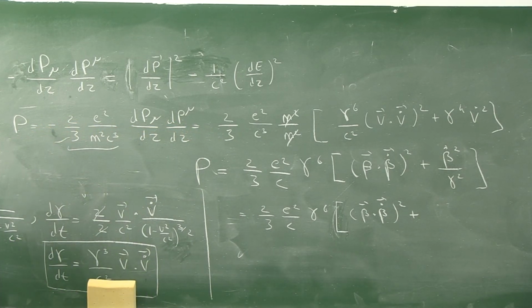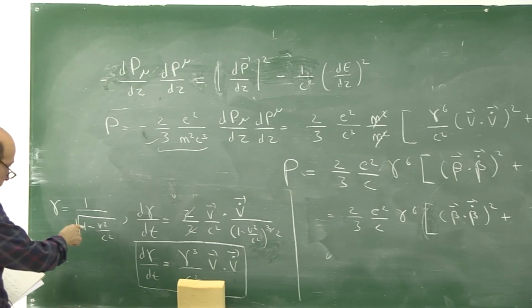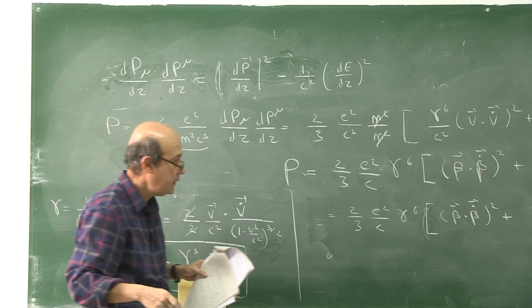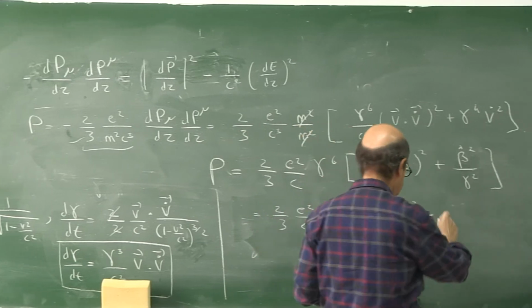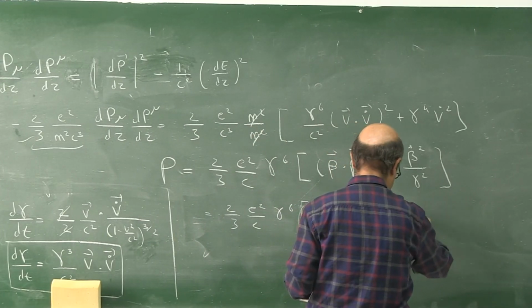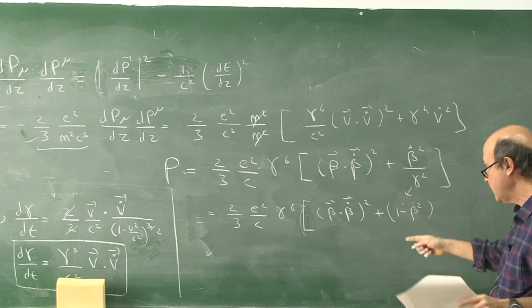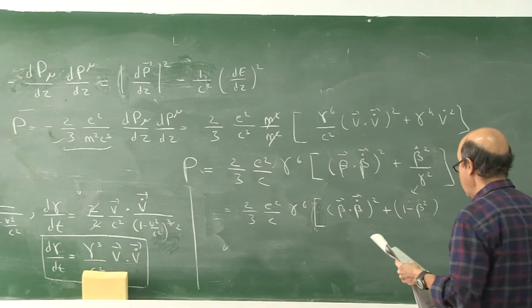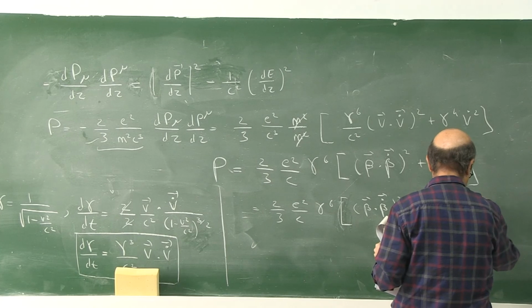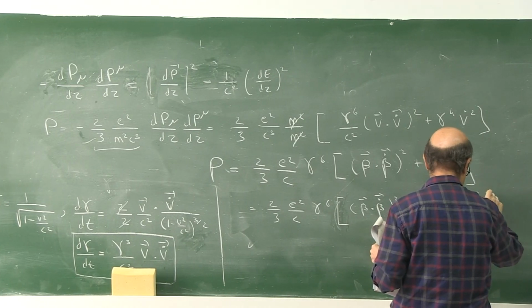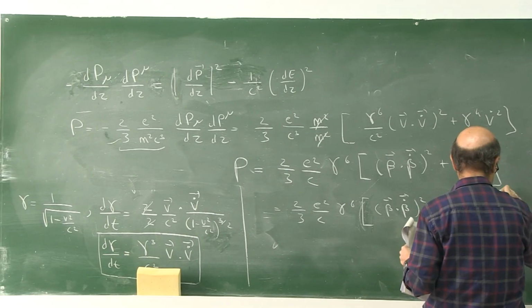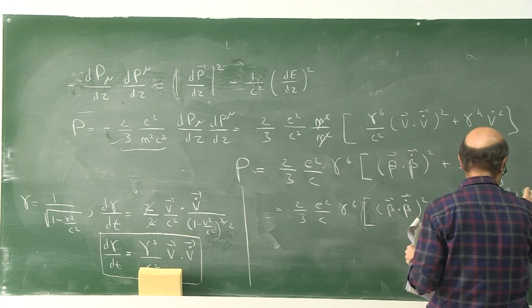And 1 over gamma square is nothing but 1 minus v square over c square. Basically, that is nothing but 1 minus beta square. This is 1 over gamma square. 1 over gamma square is 1 minus beta square. And next to it, you have beta dot square, or beta dot magnitude square.